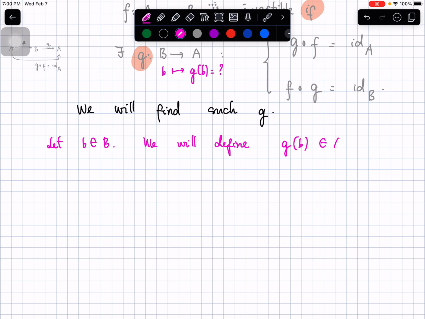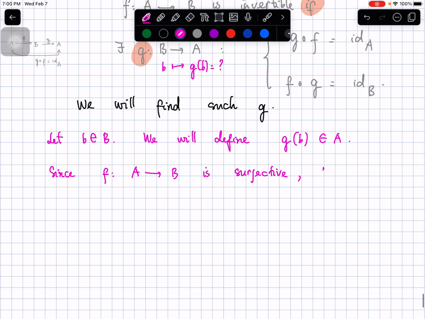As an element in A. So since function f from A to B is surjective, now for b in B, there exists a unique a, since f is also injective.